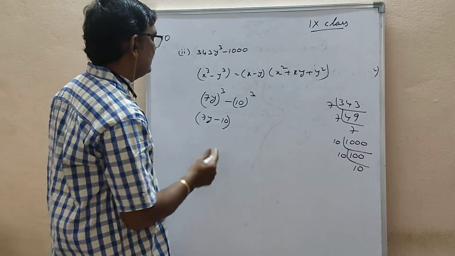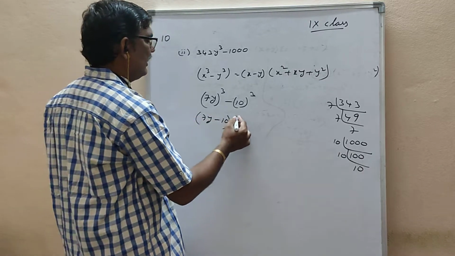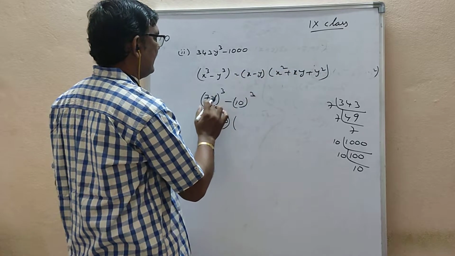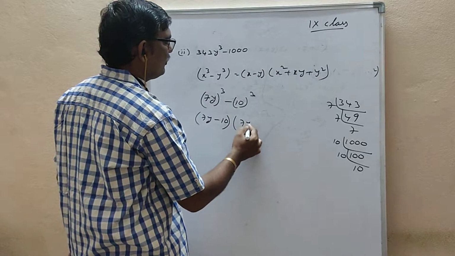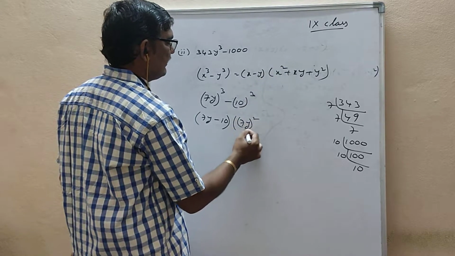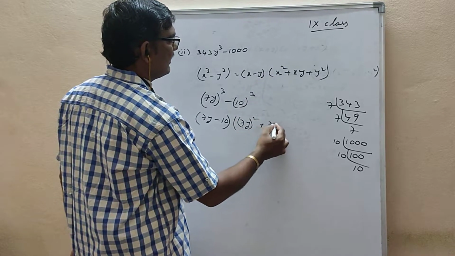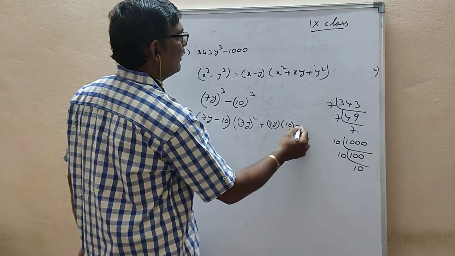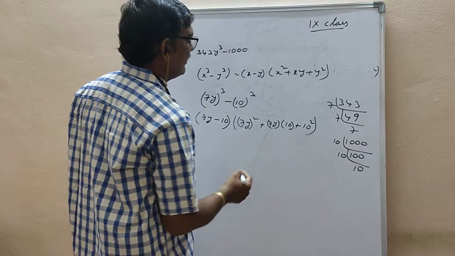X minus y means 7y minus 10. Again brackets open. X square. X means what I wrote here, 7y. So I should not write 7y square. This square belongs to the entire x, means the entire 7y. Next again 7y into 10 plus 10 square.